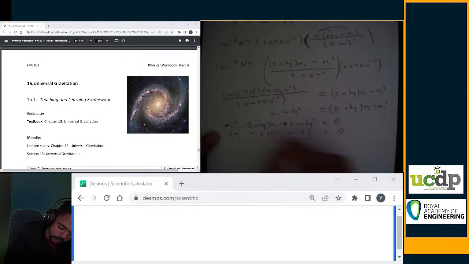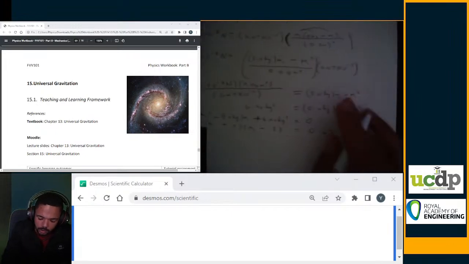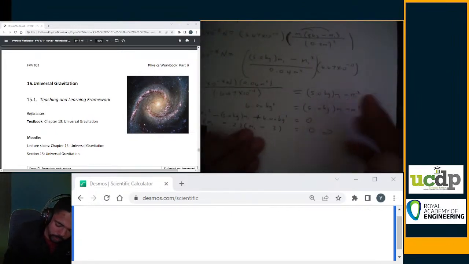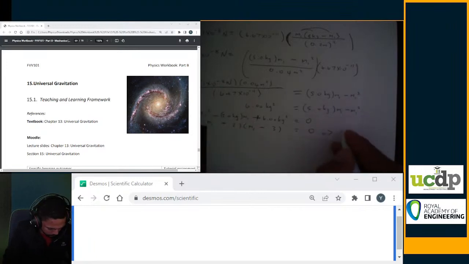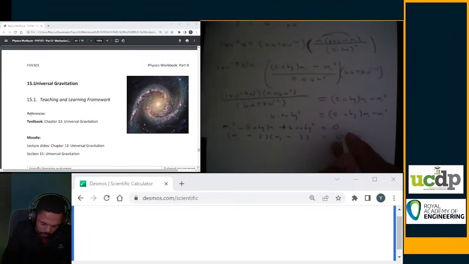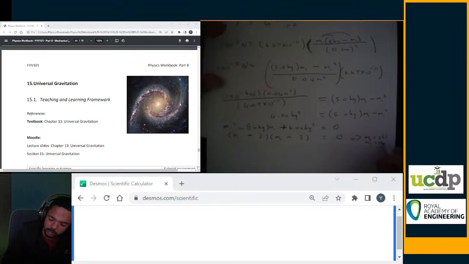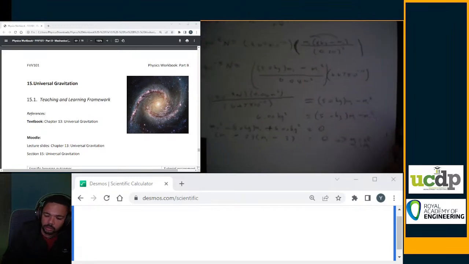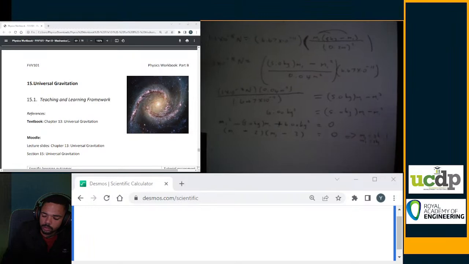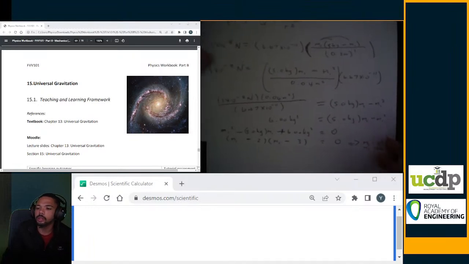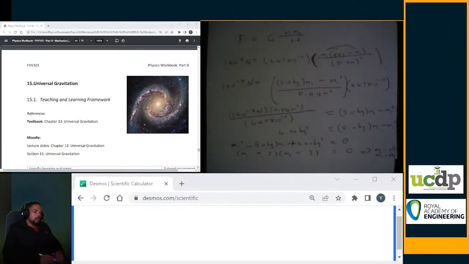So m1 will be equal to 2, and m1 will be equal to 3. m1 is equal to 2 kg, or m1 is equal to 3 kilograms. That will make the other one then obviously equal to 3 and 2 if you subtract them from 5.